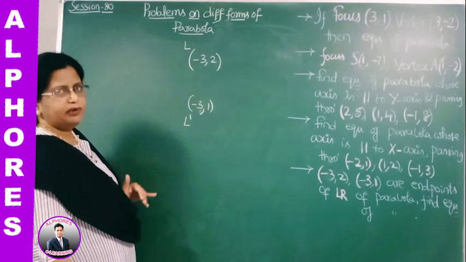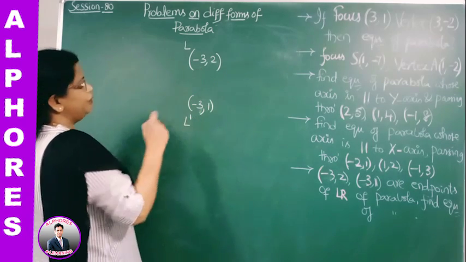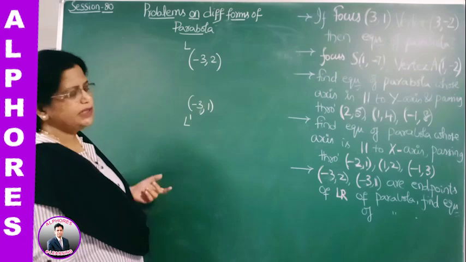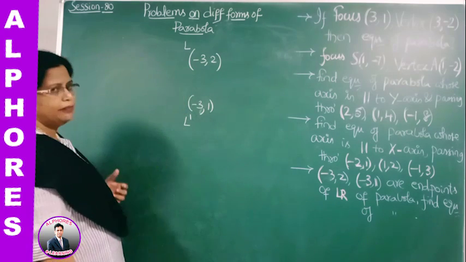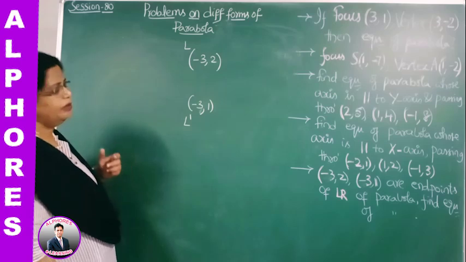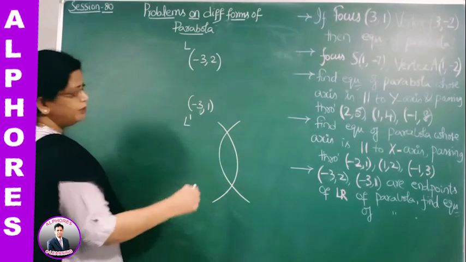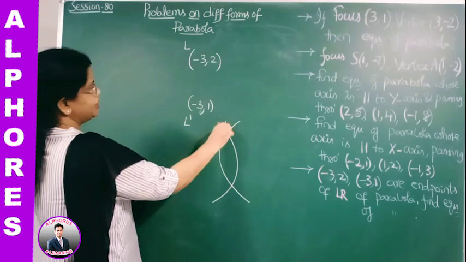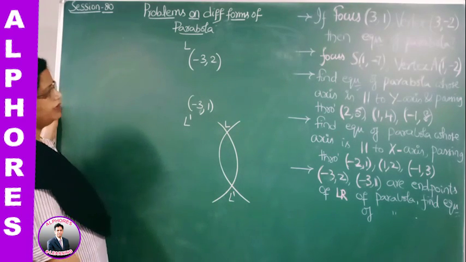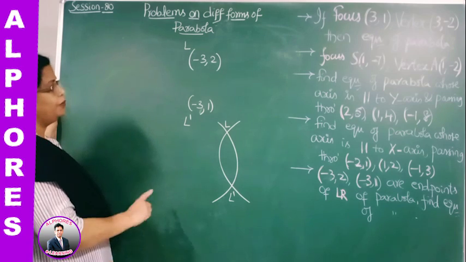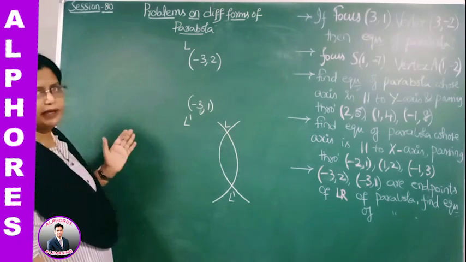Now they are asking what is the equation of the parabola passing through these 2 points. While discussing the concept in the previous session, we observed that through the ends of a latus rectum there exist 2 types of parabolas. So this is one parabola and this one is another parabola. For these two, L and L dash are the latus rectum ends. That means there always exist two parabolas which can pass through the ends of the latus rectum.